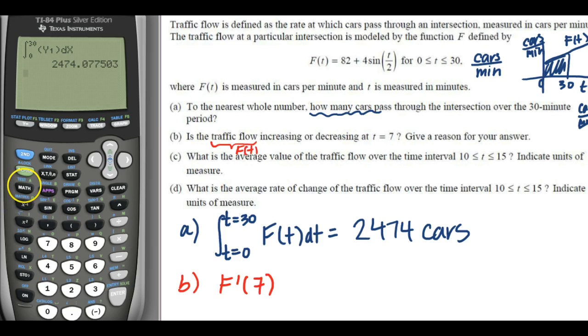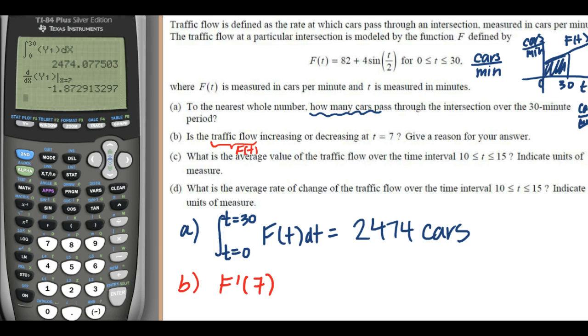So now we're doing a numerical derivative. We can go to math 8, and our variable is x, and we go to vars over to yvars, enter, and use y1 again. And we're evaluating this particular function at a specific value, at 7. Since the answer is negative 1.7829, we know that f prime of 7 is a negative value.